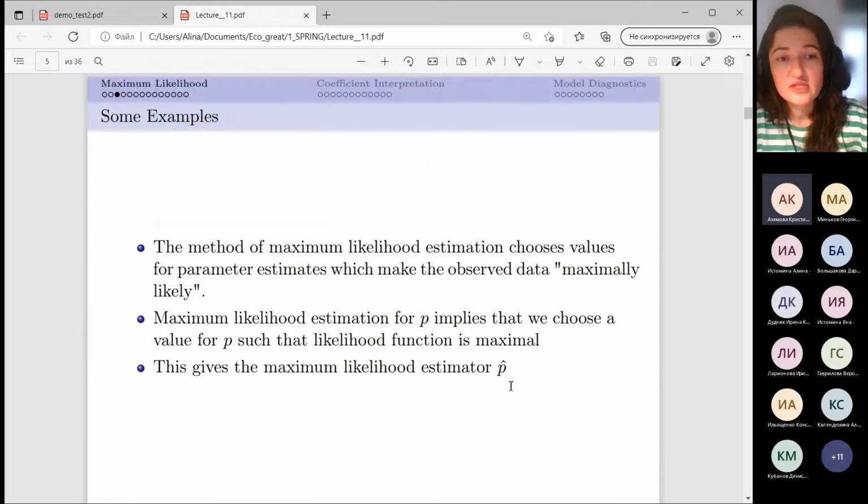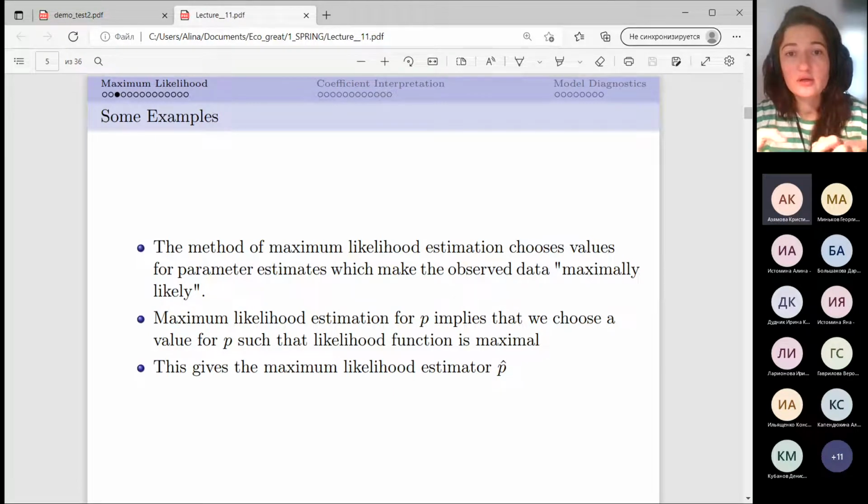So generally speaking, the method of maximum likelihood estimation chooses values for parameter estimates which make the observed data, which make the observed red balls and yellow balls in that pool, maximally likely.